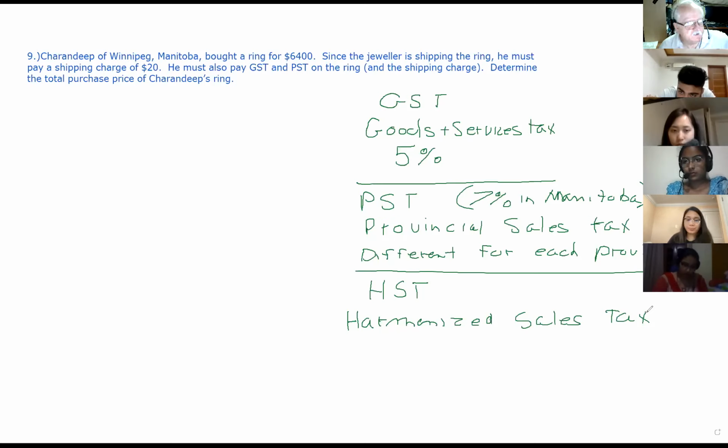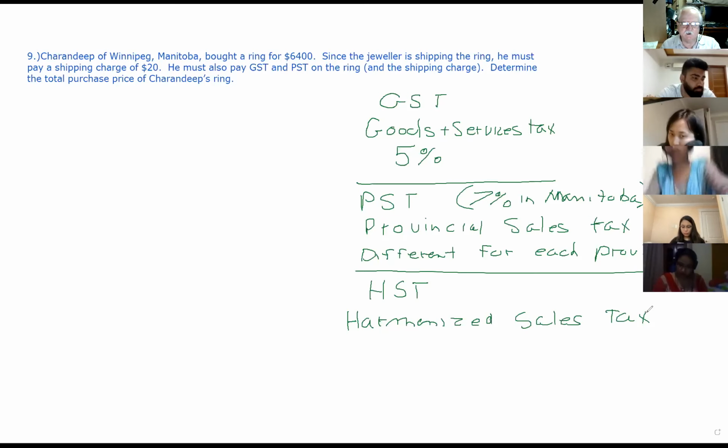When the federal government first came up with the GST, they felt it would be simpler if instead of calculating the GST and the PST separately, we only calculated them together. In other words, we harmonized them.